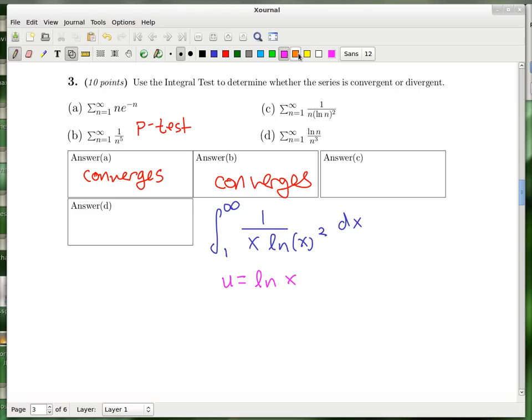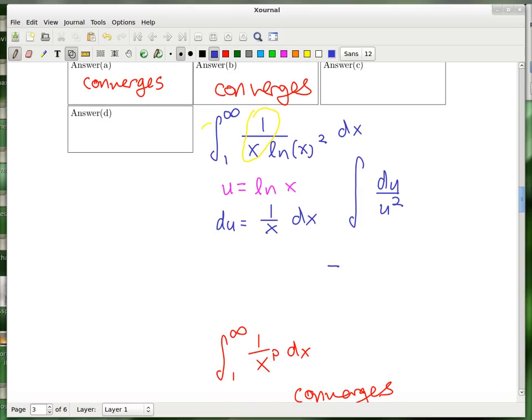So notice that if you make u natural log of x, then du is sitting right here, right? If you do du, then you get 1 over x dx. And so that's the thing in yellow, and let's forget about the limits for a second. Then we get du over u squared.